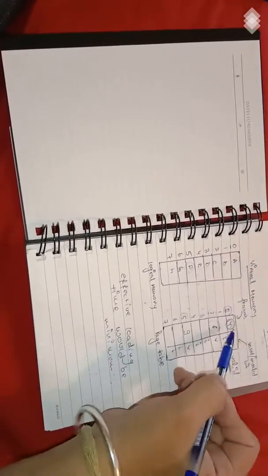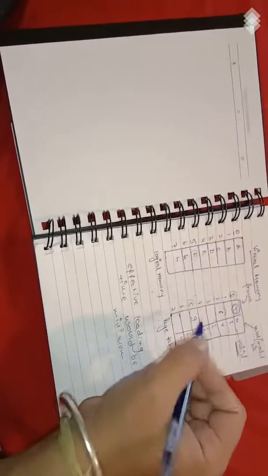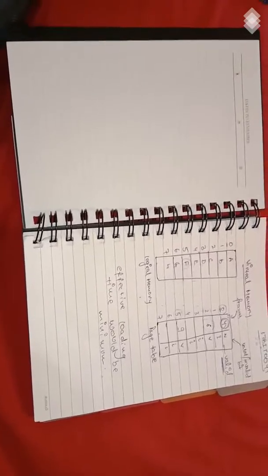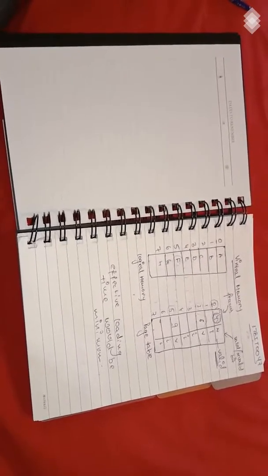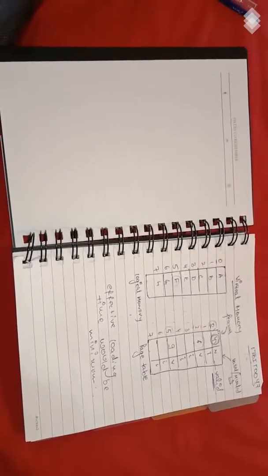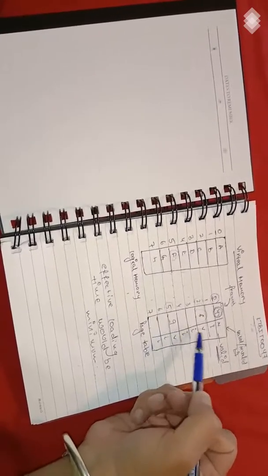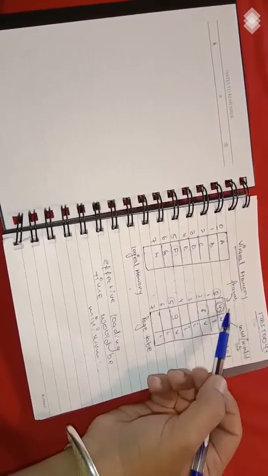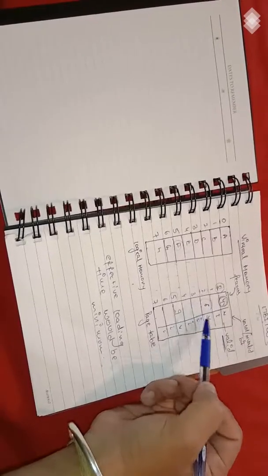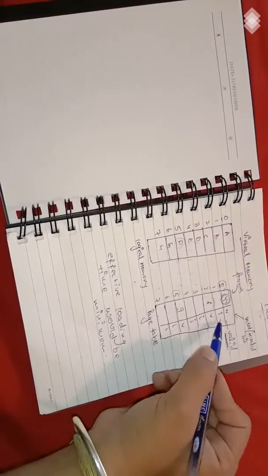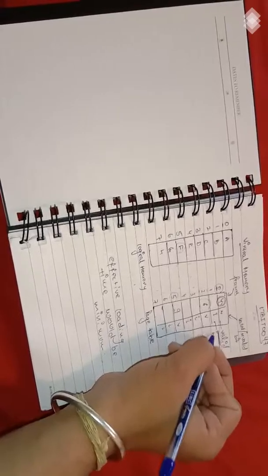Out of the 8 pages, only 3 locations are available, and the rest we have marked I, that is invalid.